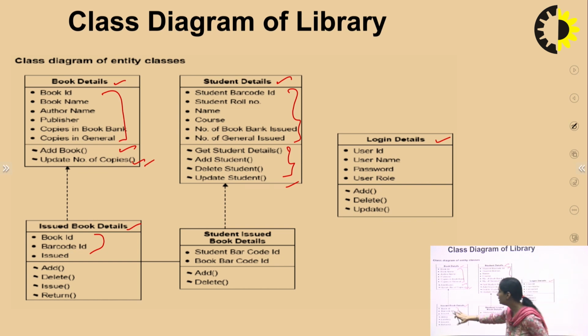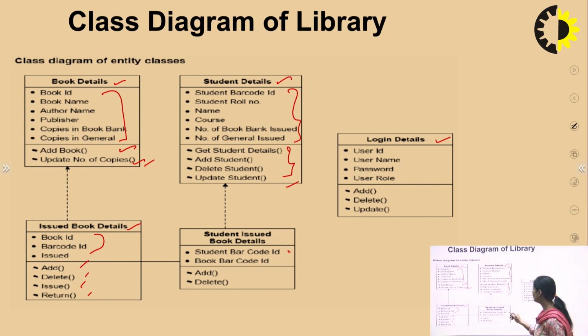Now when you inherit this class, all the properties of this will come to this class directly. Again, when you are issuing the book, we have different methods as add, delete, issue and return, because these are the methods that are purely available for the issue book details. Similarly, if we talk about the student issued books details, again we need not have all the attributes like this.